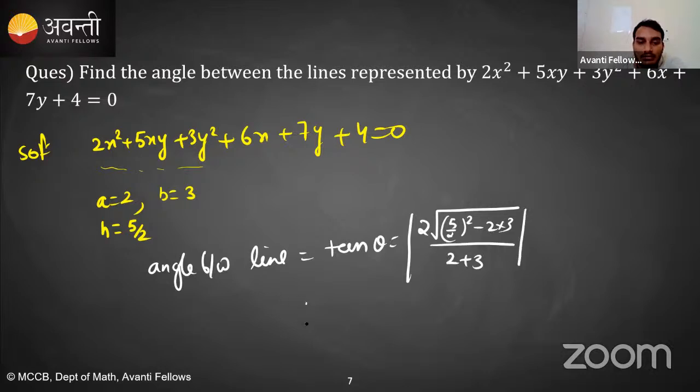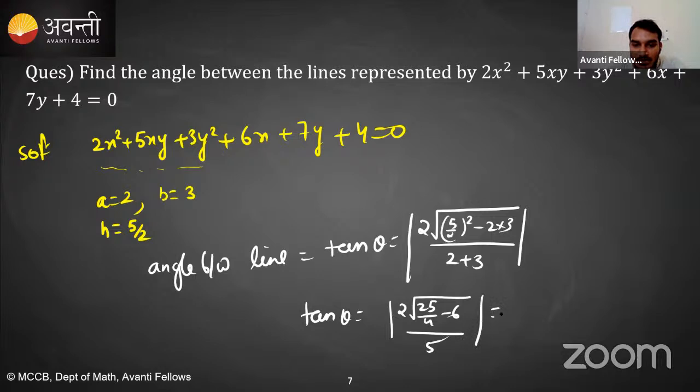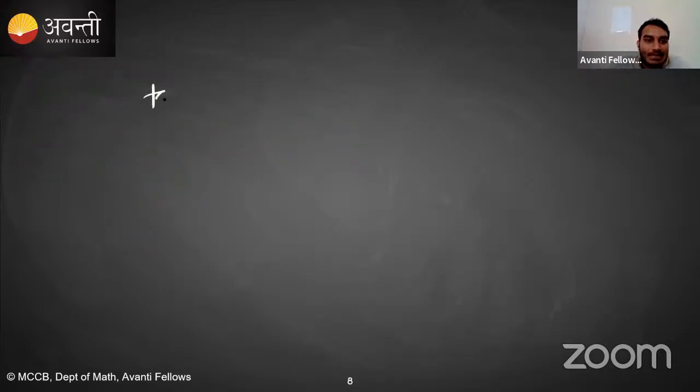So tan theta is the modulus of 2 times under root of (25 by 4 minus 6) upon 5, which is nothing but 2 times under root of (25 minus 24) by 4 upon 5. So this is 1 by 5. So tan theta is 1 by 5. Clear?